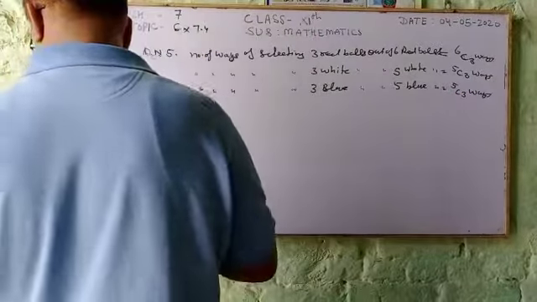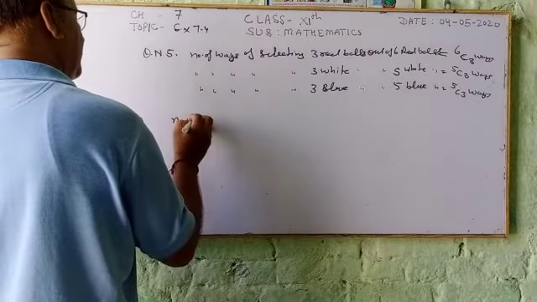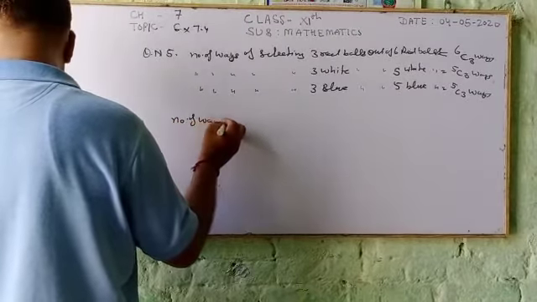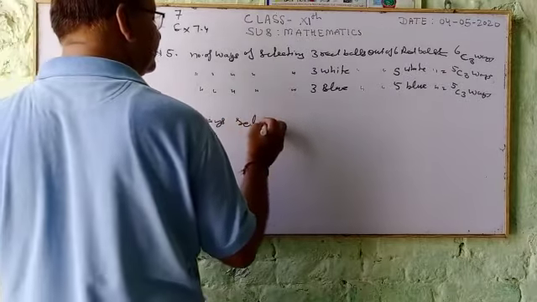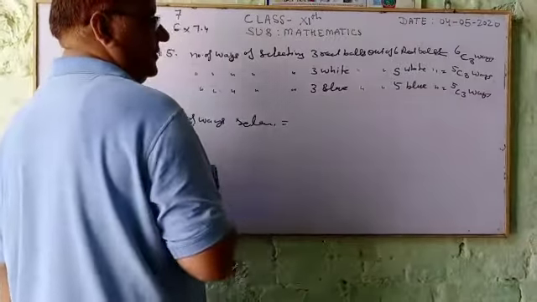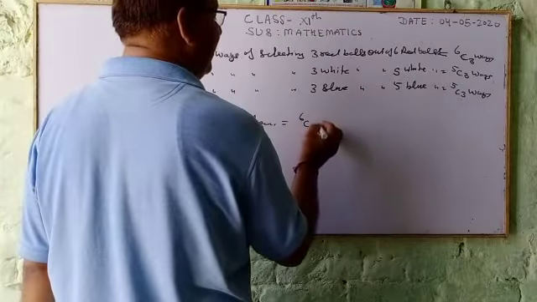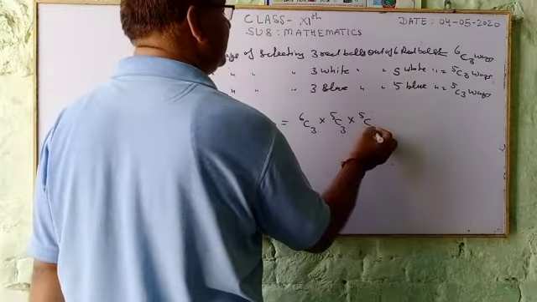So total number of ways of selecting these 9 balls, that is 6C3 into 5C3 into 5C3.